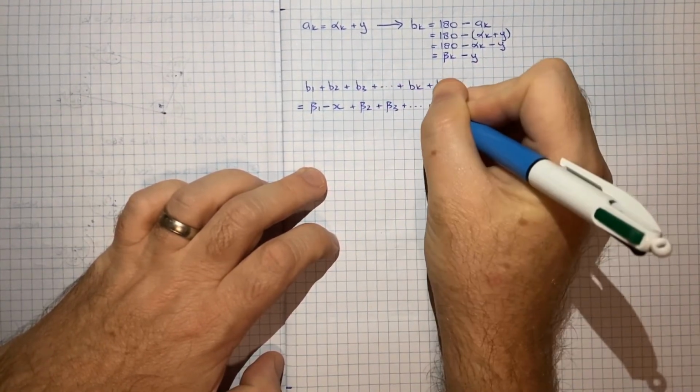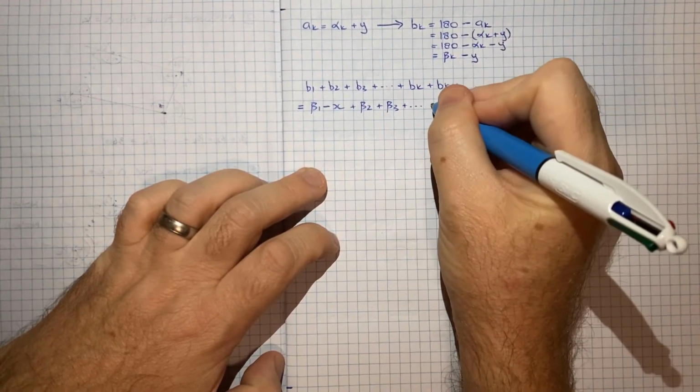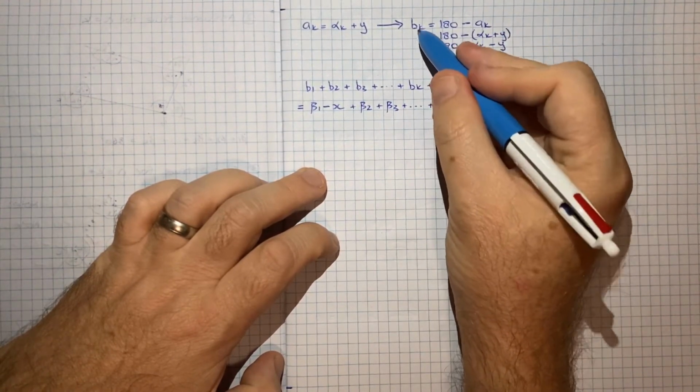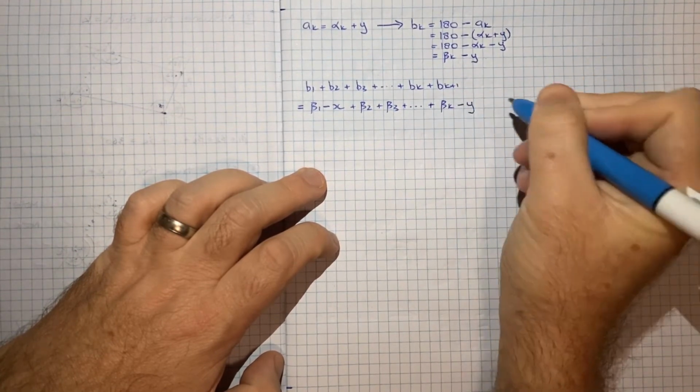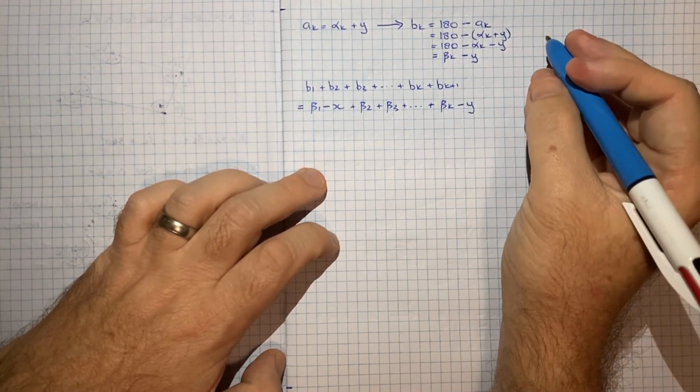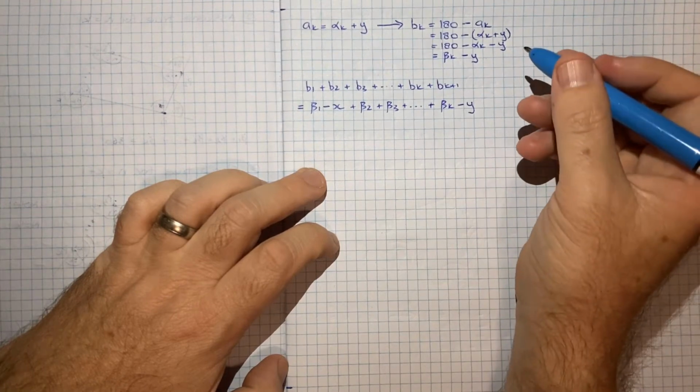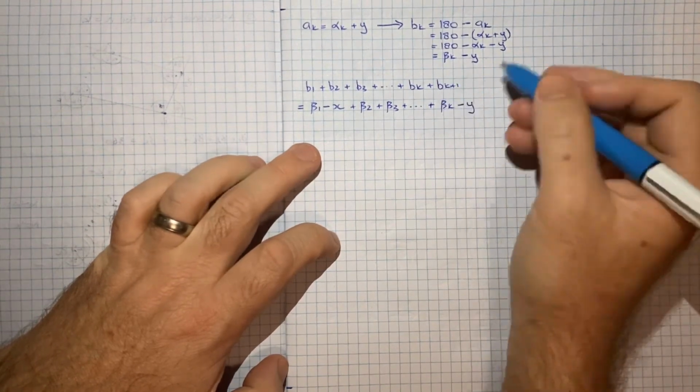Now bk we just showed was beta k minus y, so I'll write that in. And then bk plus 1 is just, it is what it is.